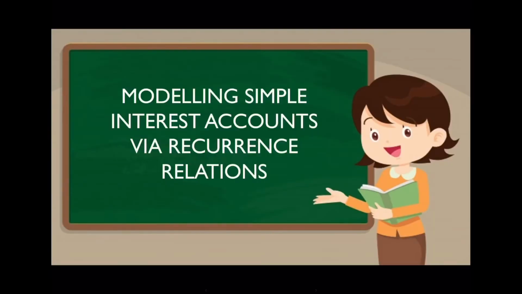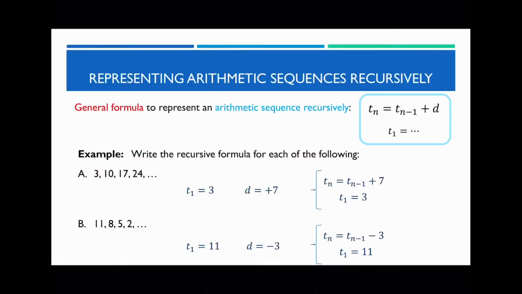What I'm going to show you now is something new that you haven't learned yet in Maths A. We're going to be modeling simple interest accounts via recurrence relationships. This slide is one I copied and pasted from our very first lesson about number sequences. Remember, the word recursive or recurring means repeating.